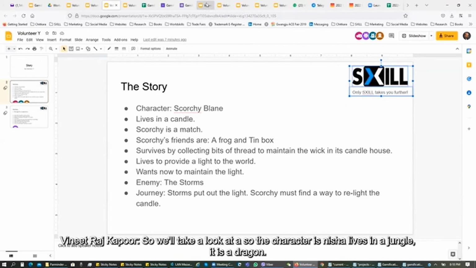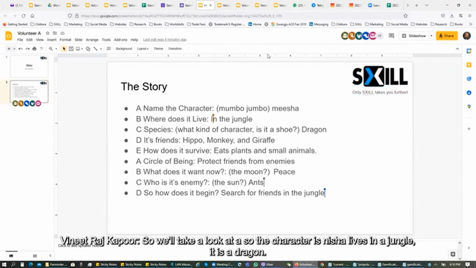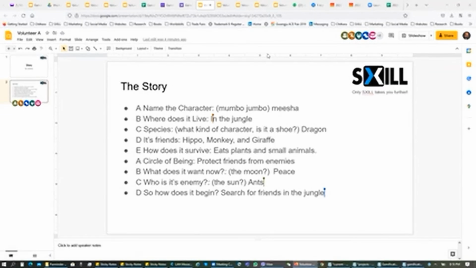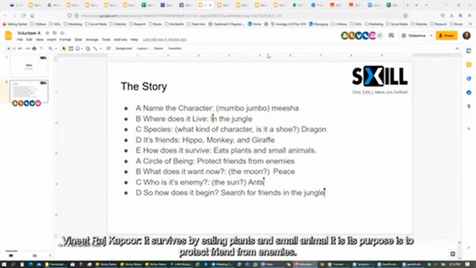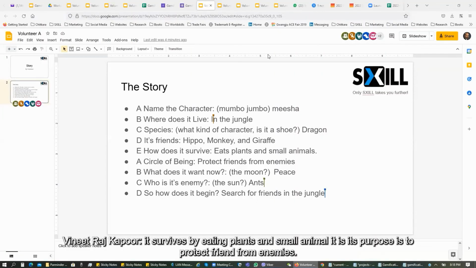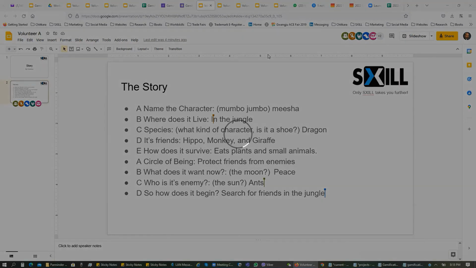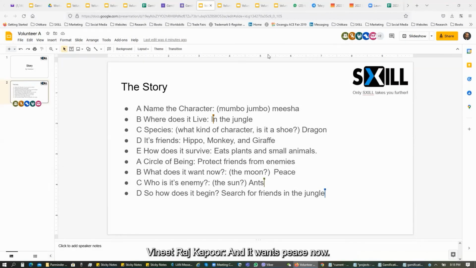Right. And let us take a look at a random story by collaboration. So we'll take a look at A. So the character is Misha, lives in a jungle. It is a dragon. Its friends are hippo, monkey, and giraffe. It survives by eating plants and small animals. Its purpose is to protect friends from enemies, and it wants peace now.